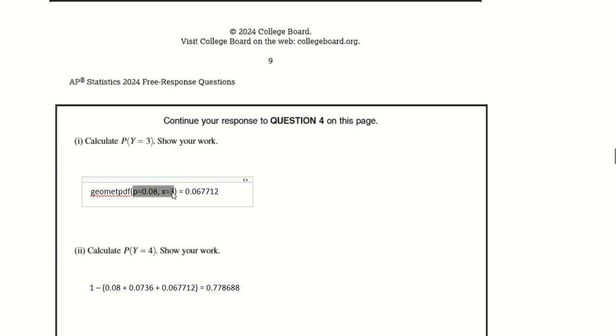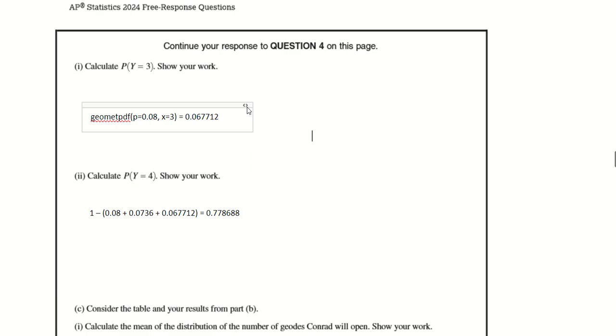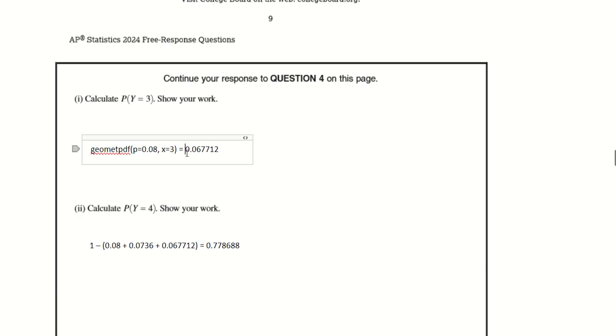Again, you have to define what values you plugged in. The probability is 0.08, and when y equals 3, on the calculator it has an x, but it's the same thing. It will give us 0.067712.